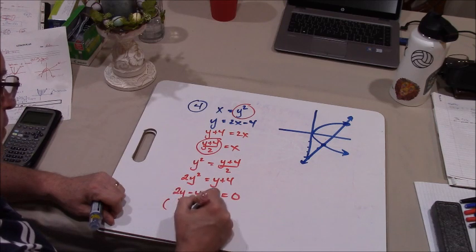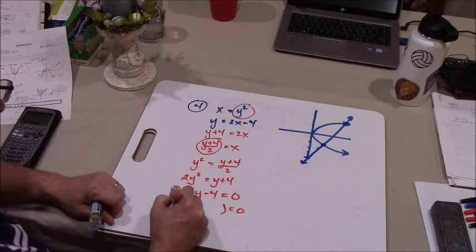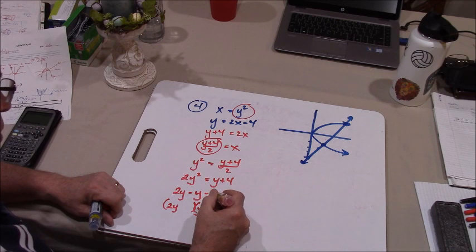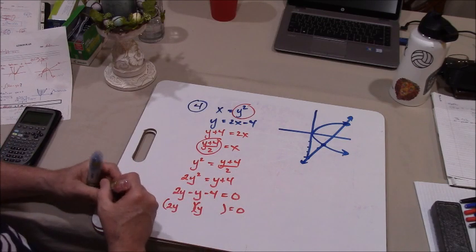And so now I'm going to try and factor. This will be 2y times y. Let's see, I don't think I'm going to be able to factor this. This is going to have to be a quadratic formula.